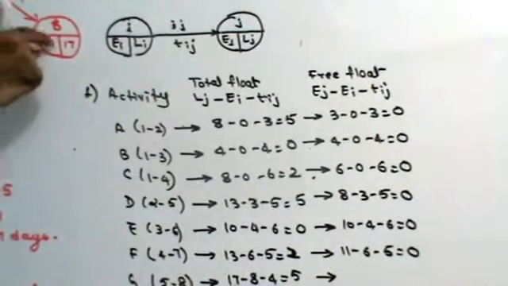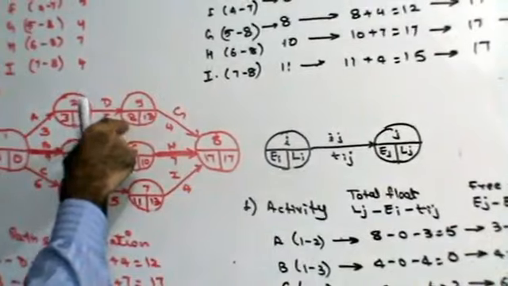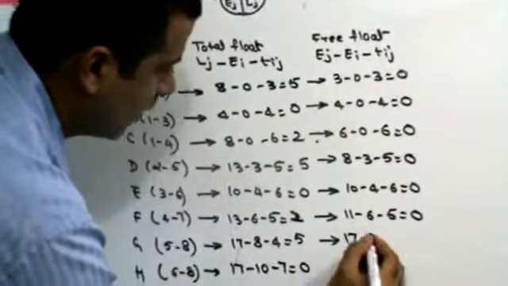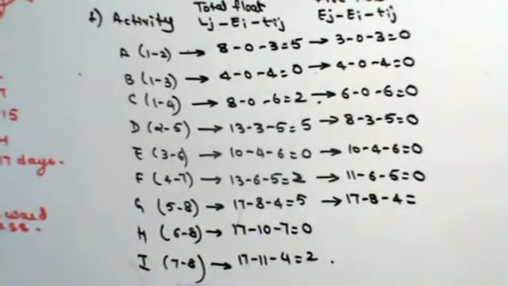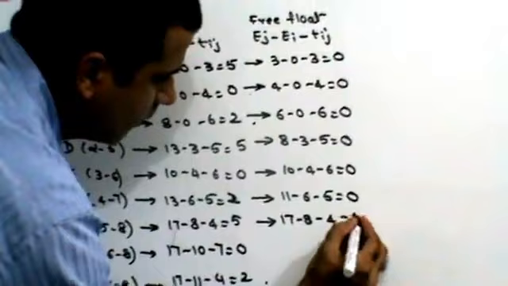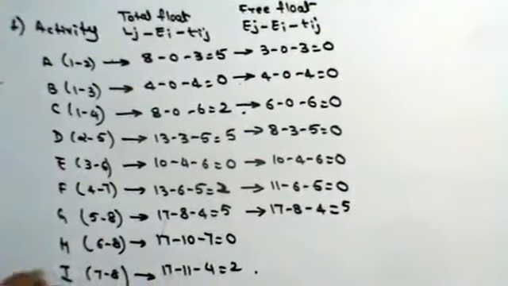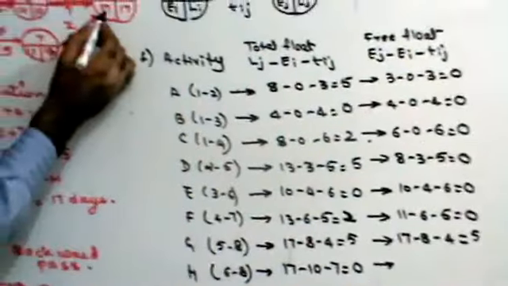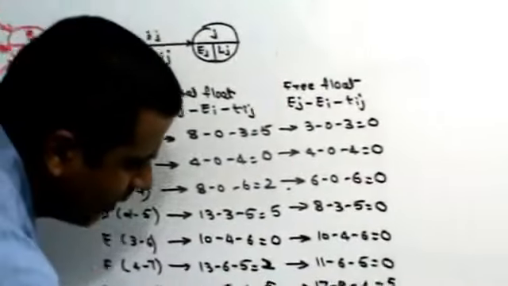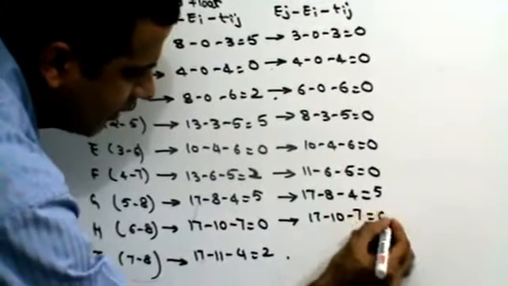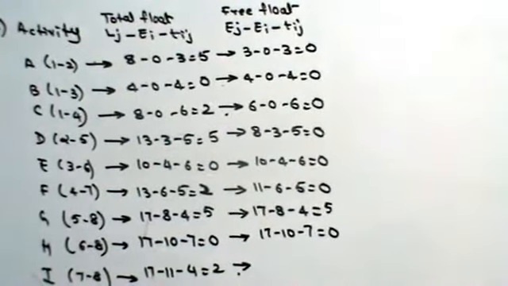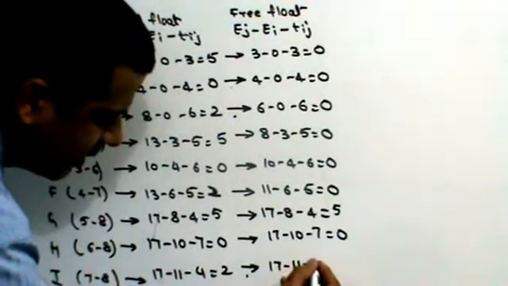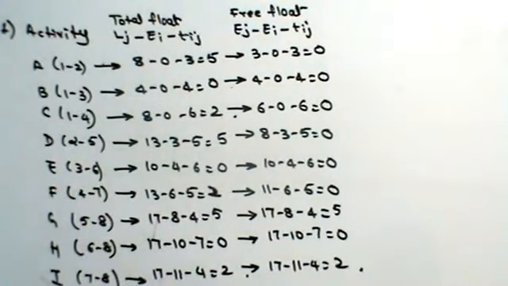For activity G, 17 minus 8 minus 4, 5. Then for activity H, this is 17 minus 10 minus 7. And for activity I, 17 minus 11 minus 4, 2. That's my free float.